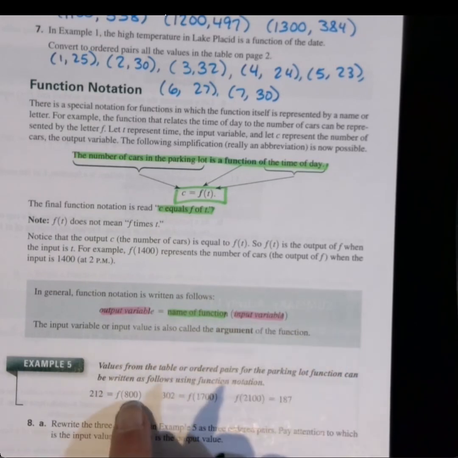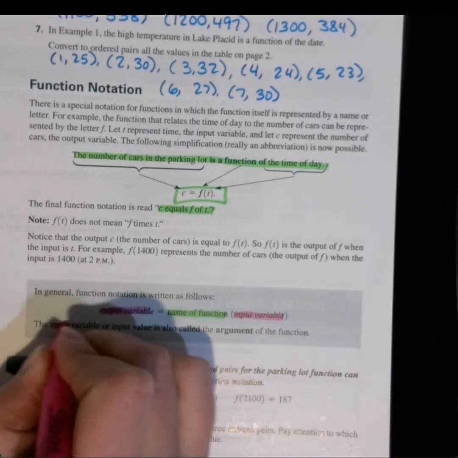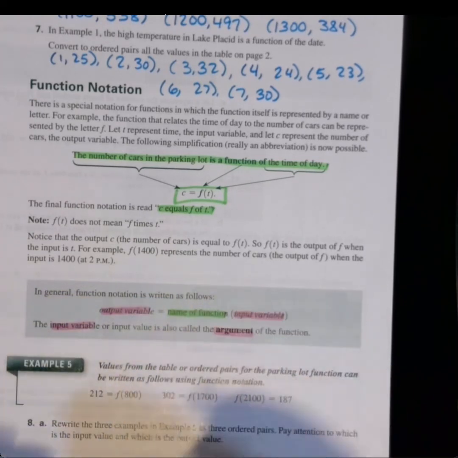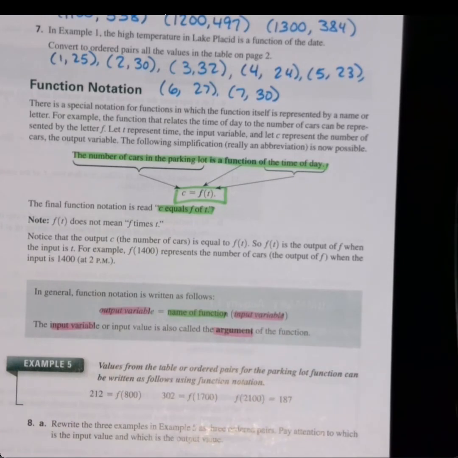So our inputs, which go first in the ordered pair, is our 800 in this case. Also note that the input variable is often also called the argument of the function. I know I'm going to use that word argument later as we talk about the inside of certain functions, the input of certain functions. So just the definition of it right here. You'll start to hear that word argument from me later on in other sections.